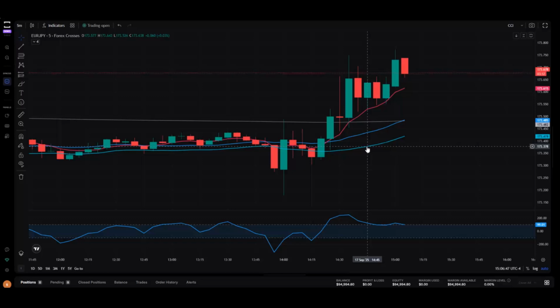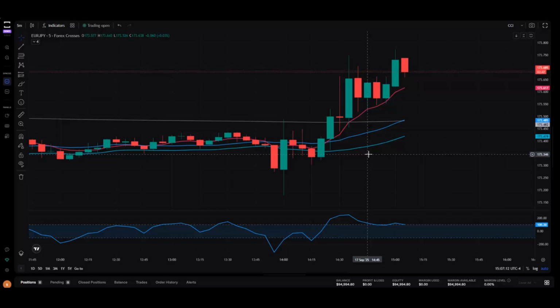The 20 period moving average tells you the intermediate position of the markets. If price action is above those two lines, then your market position is positive. If it's below those two lines, then your market's intermediate position is negative. So right now we're in positive territory.